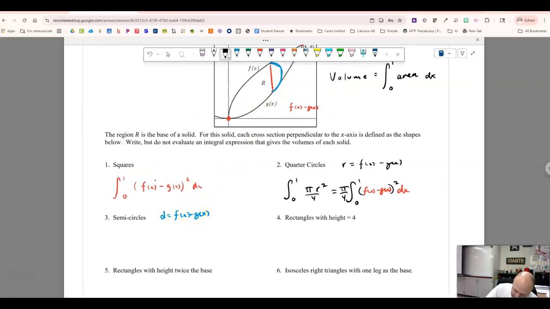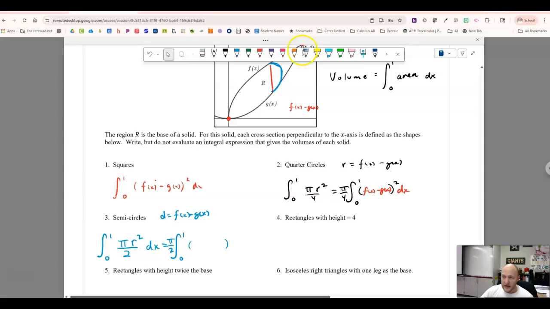Okay, so again, I'm going to take the integral from 0 to 1. A semicircle formula is pi r squared, but a semicircle is divided by 2, dx. So I'll pull my pi half out front, 0 to 1, and then I have my radius squared. Now your radius is not f of x minus g of x.